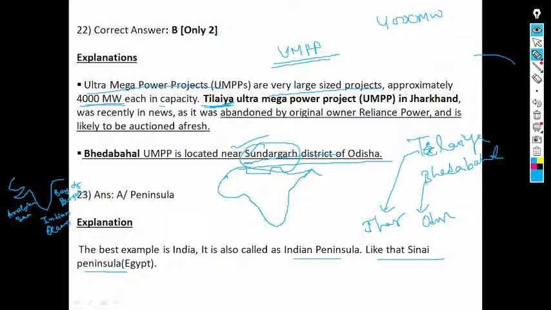This is the Sinai Peninsula, in Africa. This is the part that is attached to Arabia.